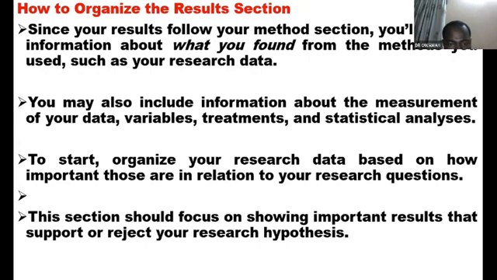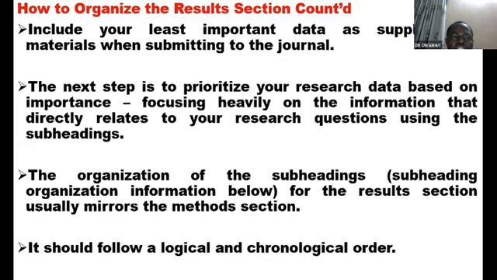Now, still on how to organize your result section, include your least important data as supplementary materials when submitting to the journal. If there are too many things and you don't want to present that, for example a table that is 40 columns by 40 rows, too wide, when you put it in the work, it will disturb the reading of the work.